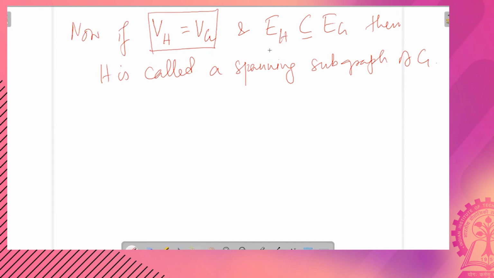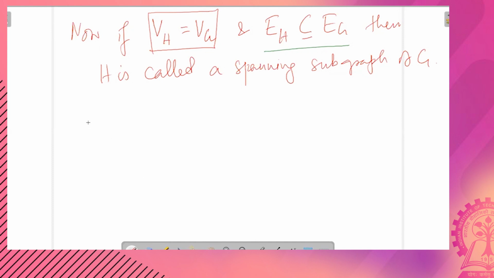However, the edge set is such that a sample of edges from the graph G is present in the graph H.